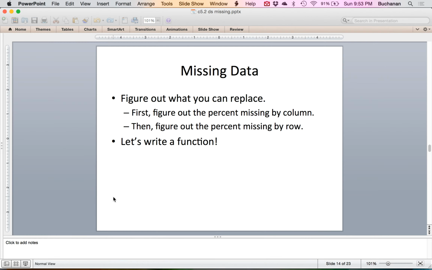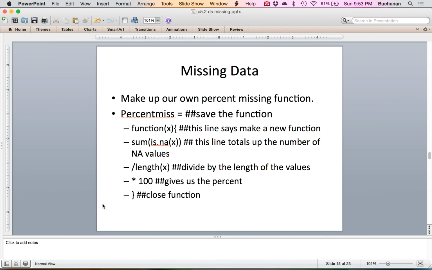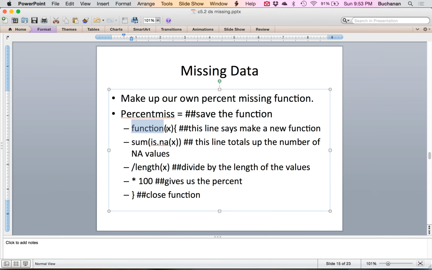So go back here. Let's write a function. We're going to make up our own percent missing function. I'm going to call this percent miss because that makes sense to me. And this is sort of commented out here, but we're going to say function x. Anytime you type function x, that tells R that you're going to write your own little function. X is just a placeholder here. And what I want to do is is.na x. Is.na tells me if it is an NA.